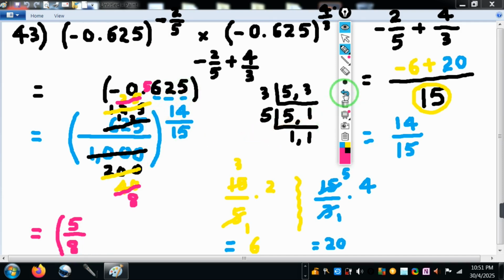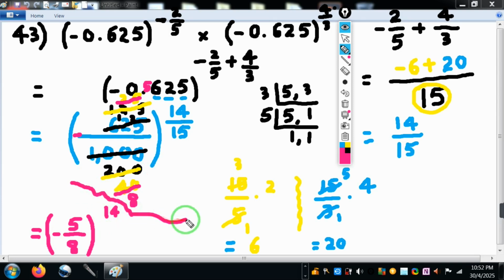You know why? I'm wrong here because I have not put the minus. So it's a minus there. Must have the minus. If not, I'm 100% wrong, not 100% right. Because the answer is actually 14 over 15, the one upstairs.